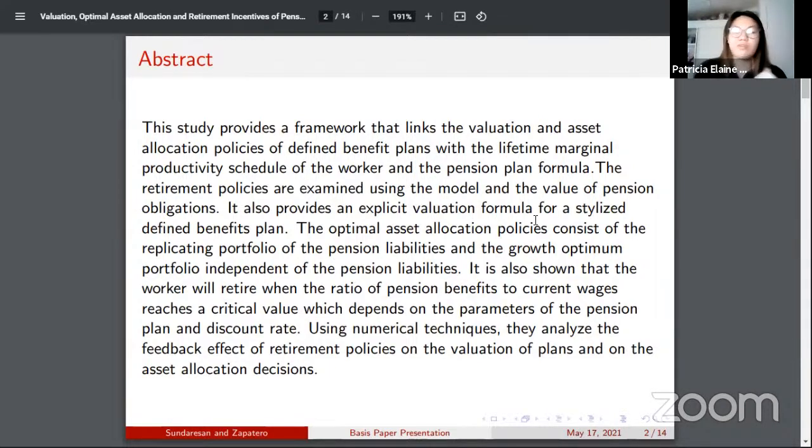Second, the authors provided an optimal asset allocation policy, which consists of the replicating portfolio of the pension liabilities and the growth optimum portfolio, independent of the pension liabilities. Lastly, the authors also provided insights on the ratio of pension benefits to the current wages of the employee, where it reaches a critical or peak value depending on the parameters of the pension plan and its discount rate.